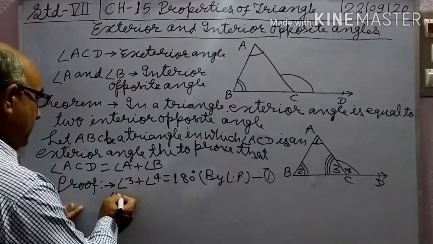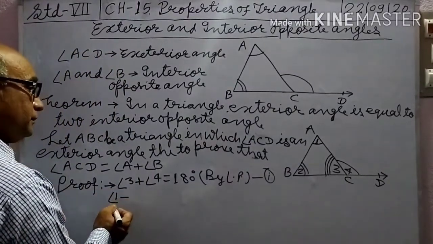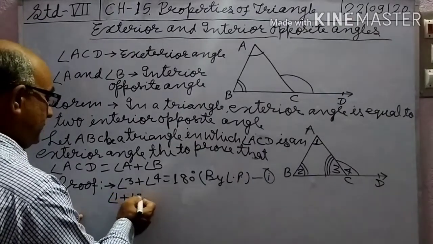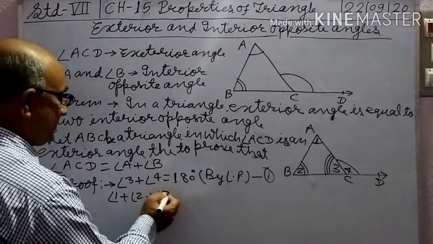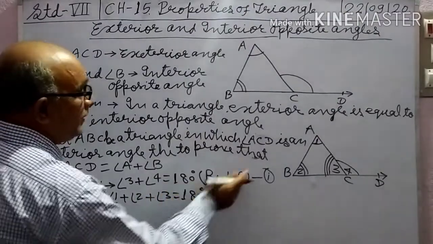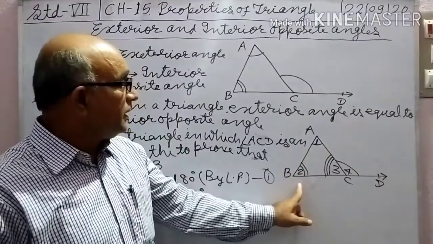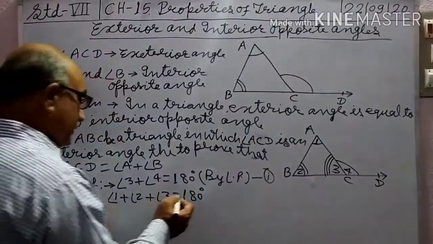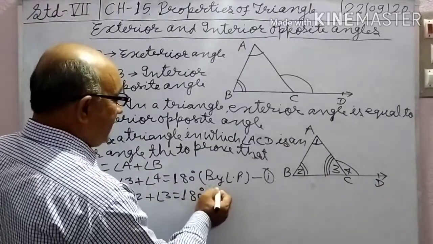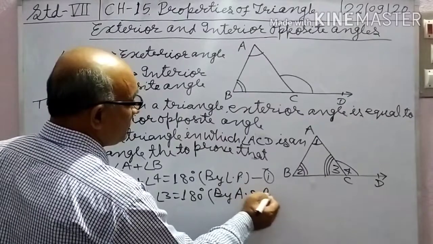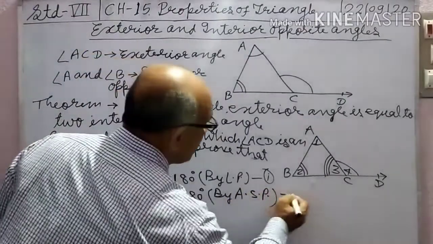Now, angle 1 plus angle 2 plus angle 3 is also equal to 180 degree by angle sum property. It is equation 2.